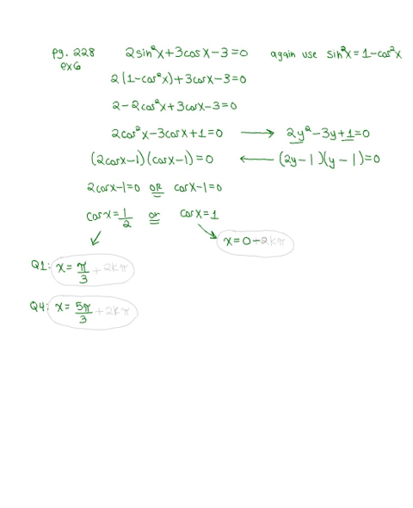So we will add 2k pi here, and 2k pi here, and then plus 2k pi here. k can be any integer, positive or negative or 0, and so these would be our final results right here.